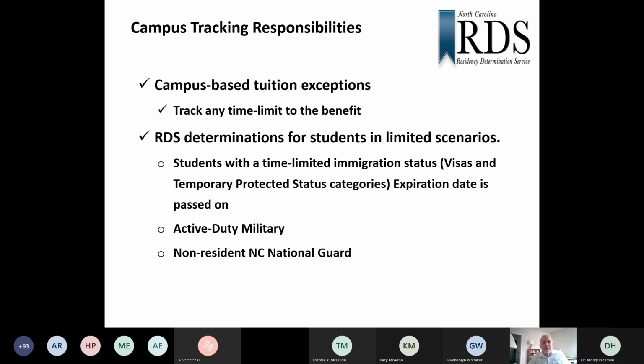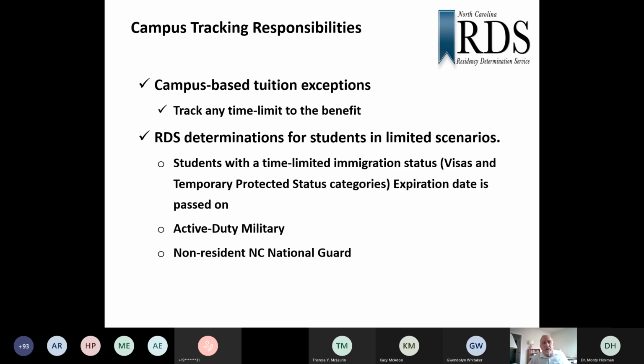So in your campus procedures, you need to find a way to review these flagged records. The other two, active duty military and non-resident North Carolina National Guard, which are very rare, are not short-term. In practice, many colleges and universities review it maybe once a year.